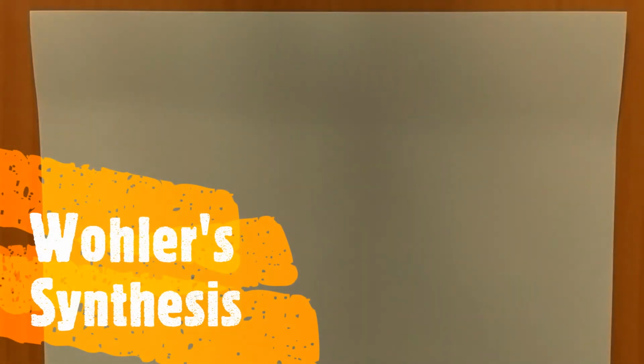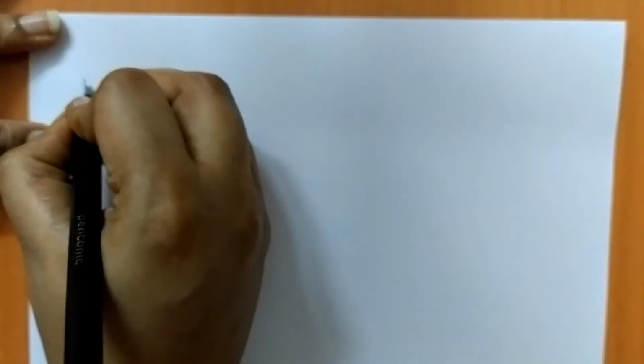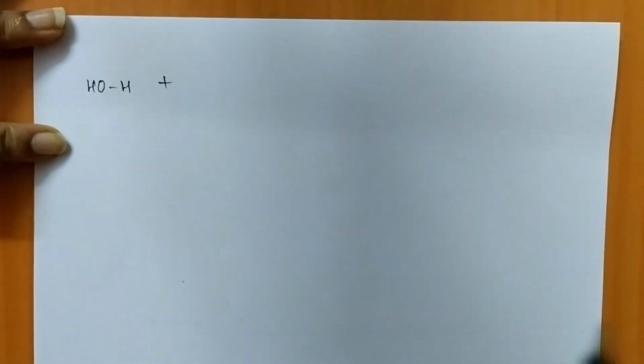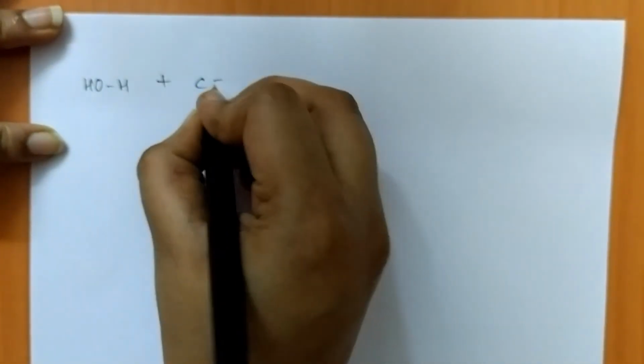Now our next reaction is the Wöhler synthesis. In the Wöhler synthesis we require 1 molecule of calcium carbide and 2 molecules of water. So let us take HOH, which we write as water, plus calcium carbide, that is, two carbon atoms attached together by a triple bond.